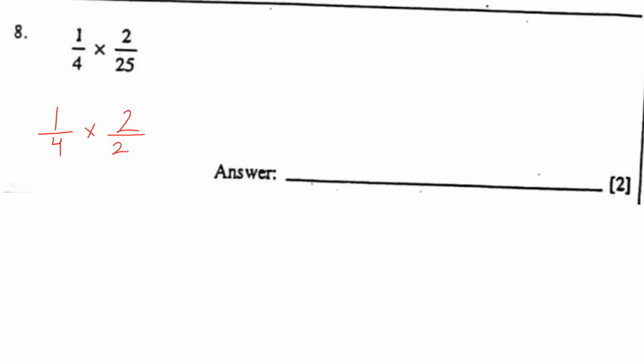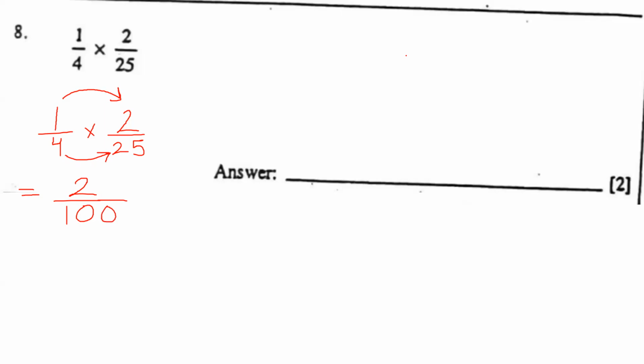So we're going to multiply the numerators by the numerators and the denominators by the denominators. So 1 times 2, what is 1 times 2? Well, 1 times 2 is definitely 2. And what is 4 times 25? Well, 4 times 25 is definitely 100. But for those people who do not know that yet, let's actually show it.